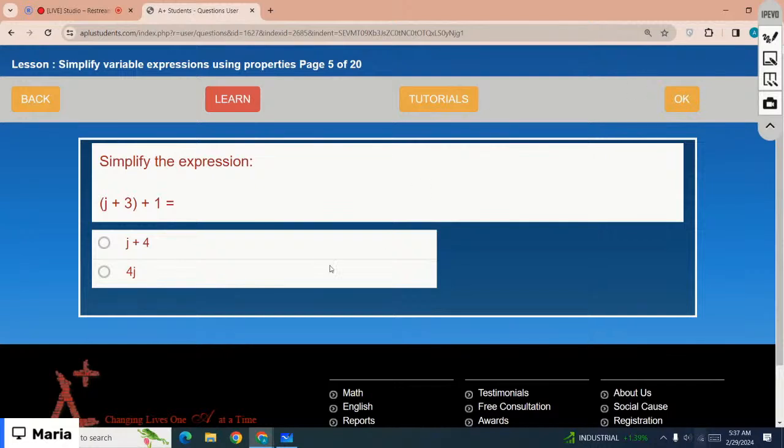Yes, that is J plus 4. Option number 1 is the correct option, right?